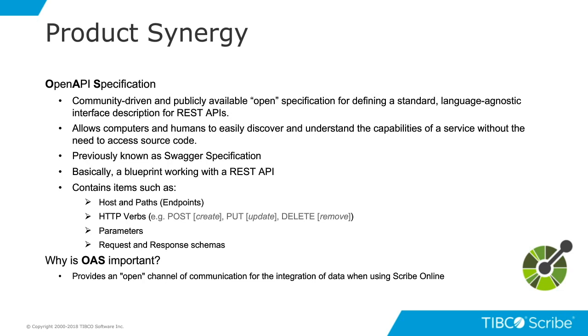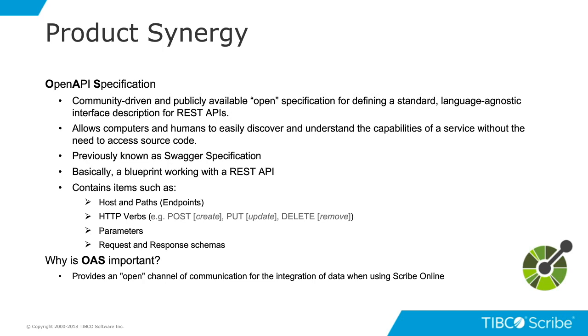And for those of you who aren't familiar with it, it's a community-driven publication of a standard language. It's agnostic of different interfaces. It can be used and built into any number of applications or tool sets, and it's primarily for REST APIs.